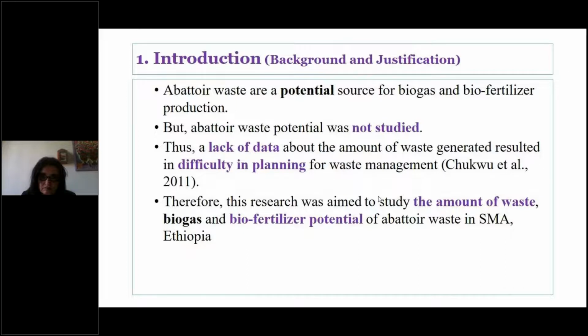Therefore, this research was designed to study the amounts of waste that could be generated from slaughterhouses, the biogas and biofertilizer production potential of the site, and finally the greenhouse gas emission reduction potential if the abattoir waste found in the area is managed by biogas technology.